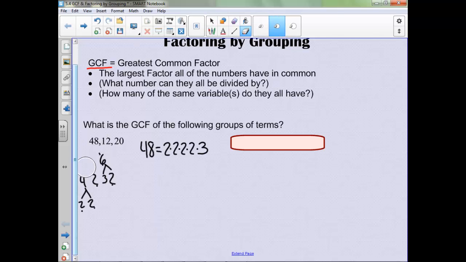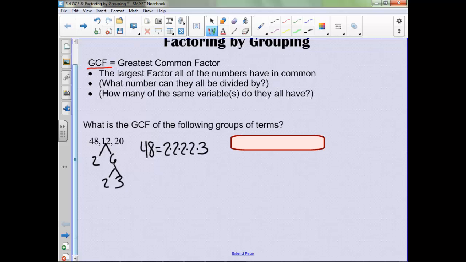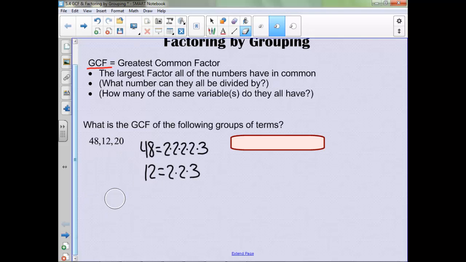I'm going to go ahead and erase this so we can do our 12. 12 is 2 times 6, which is 2 times 3. So 12 is 2 times 2 times 3. Once again, I'm going to erase this so I can do the factor tree for 20. Let's go with 4 and 5, which is 2 times 2.